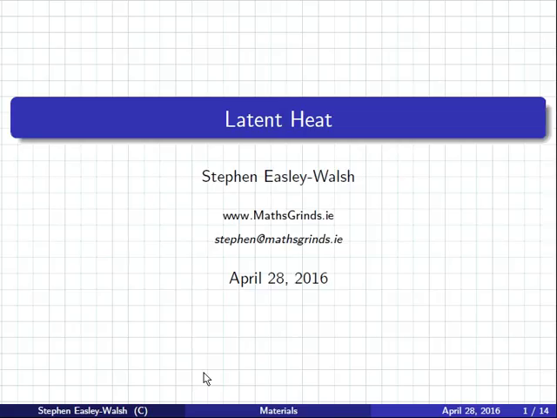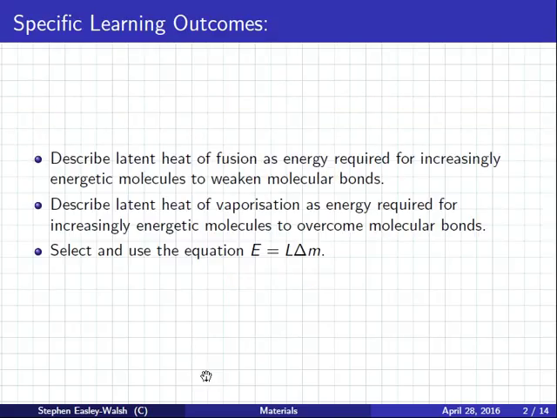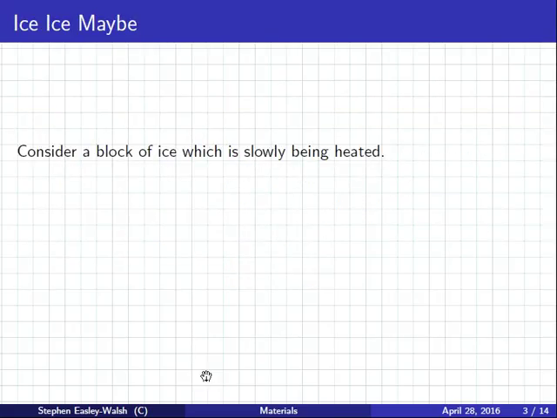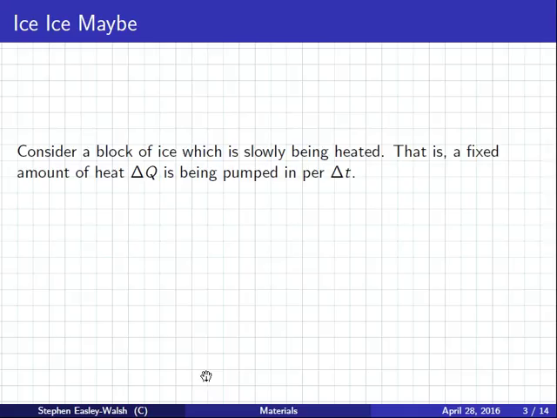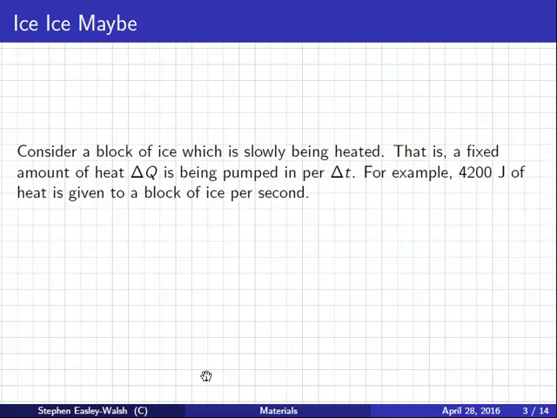Okay. So, imagine a block of ice which is slowly being heated. That is, we put a fixed amount of heat per fixed amount of time. For example, maybe every second we put in 4,200 joules. So, in other words, the power is 4.2 kilowatts.